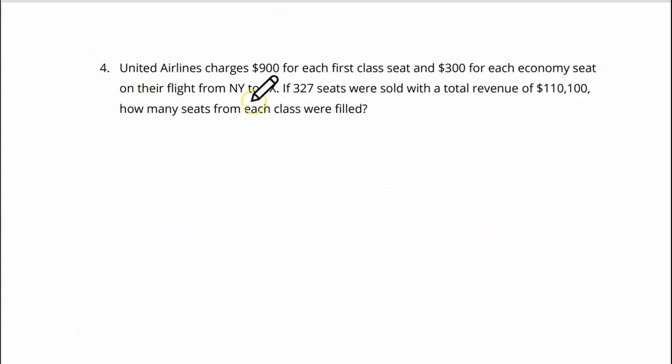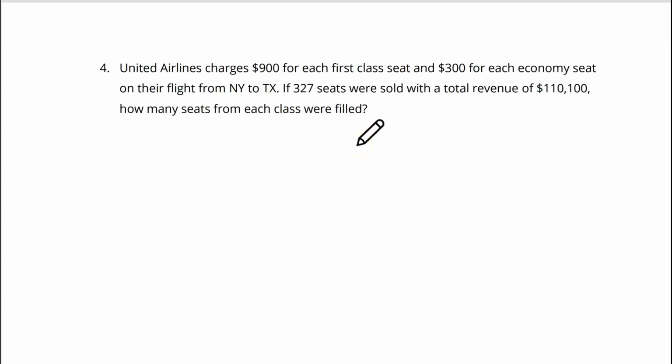United Airlines charges $900 for each first-class seat and $300 for each economy seat on their flight from New York to Texas. If 327 seats were sold with a total revenue of $110,100, how many seats from each class were filled?